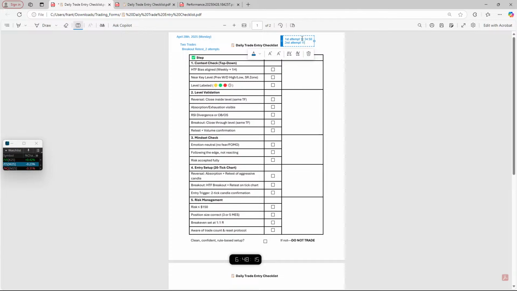Second attempt was 11:44:19, and these were shorts. So I went short.